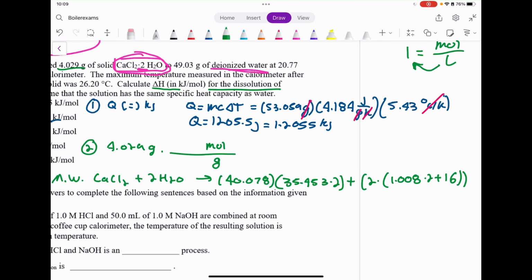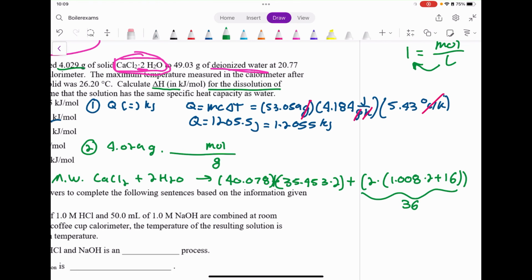So let's get this molecular weight. First of all, what is 2 oxygens? One water is about 18, so I'm just going to call that 36. 40.078, plus, there should be a plus in between these. Oops. 40.078 plus 35.453 gives me 75.531 plus 36.